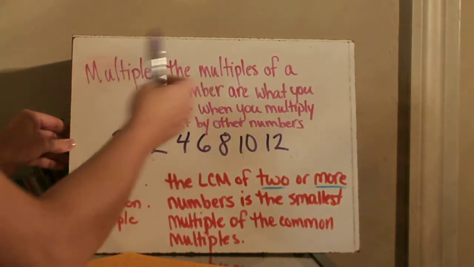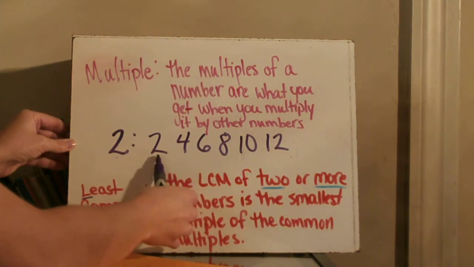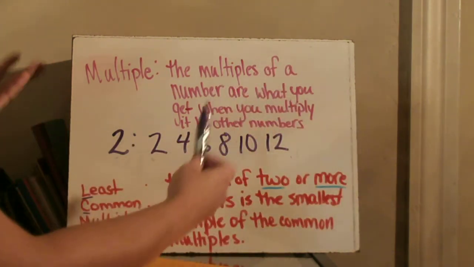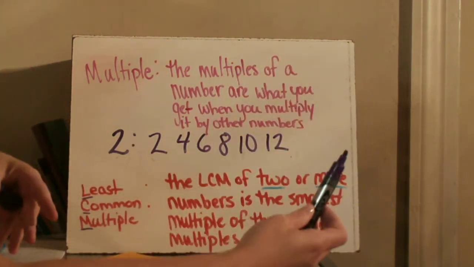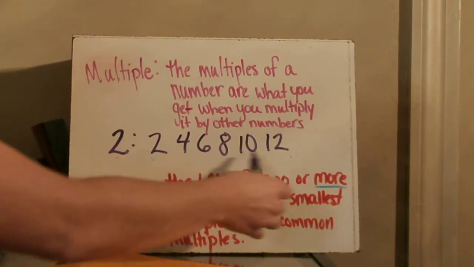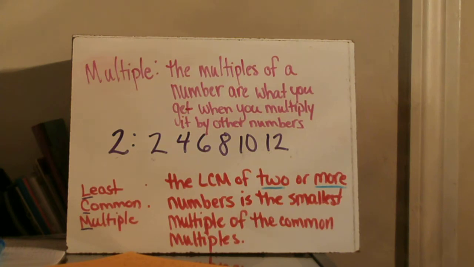So when we list the multiples of a number, we're simply listing all of the different answers we get when we multiply it by 1, by 2, by 3. That's the multiples of a number.